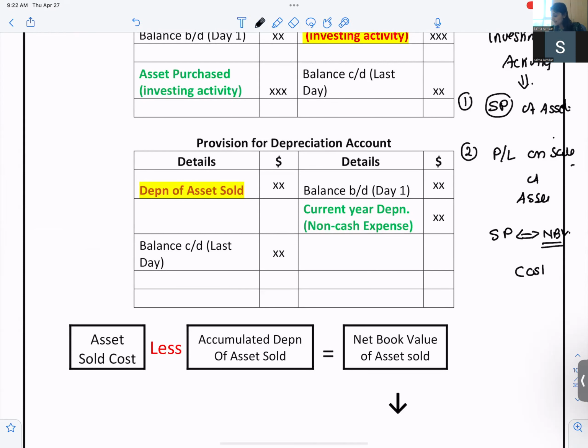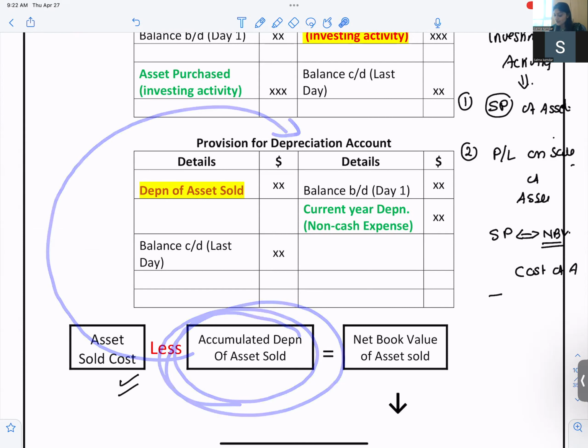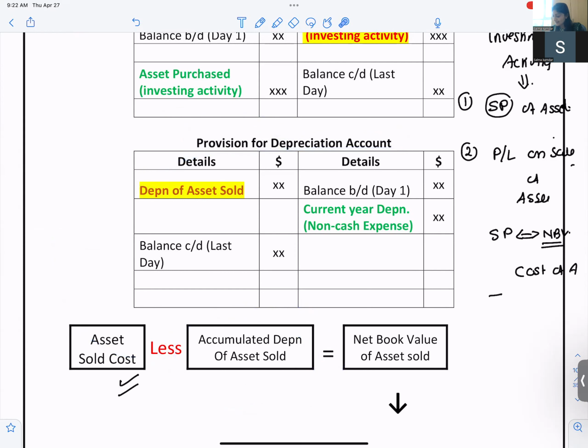The cost of asset minus the accumulated depreciation of the asset sold. From where will I get this accumulated depreciation of assets sold? I will get it from the provision for depreciation account on the debit side. So you will get the net book value of the assets sold.